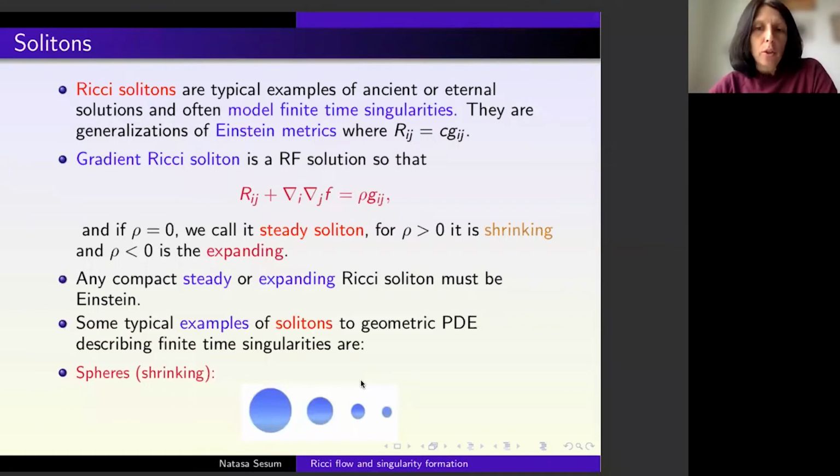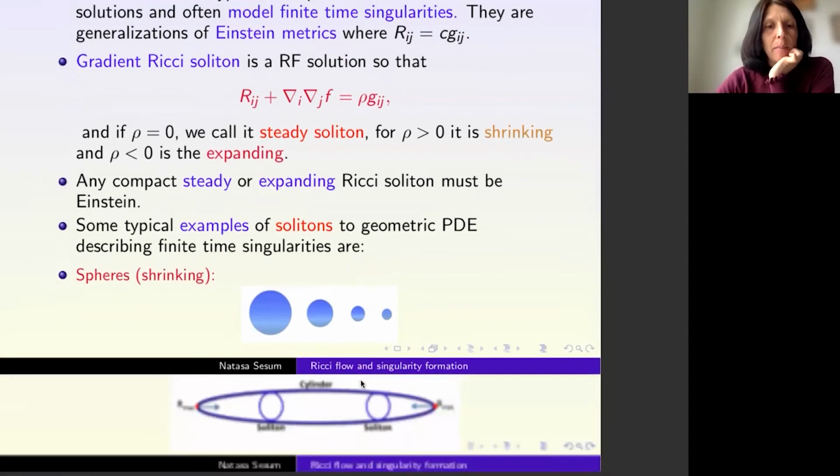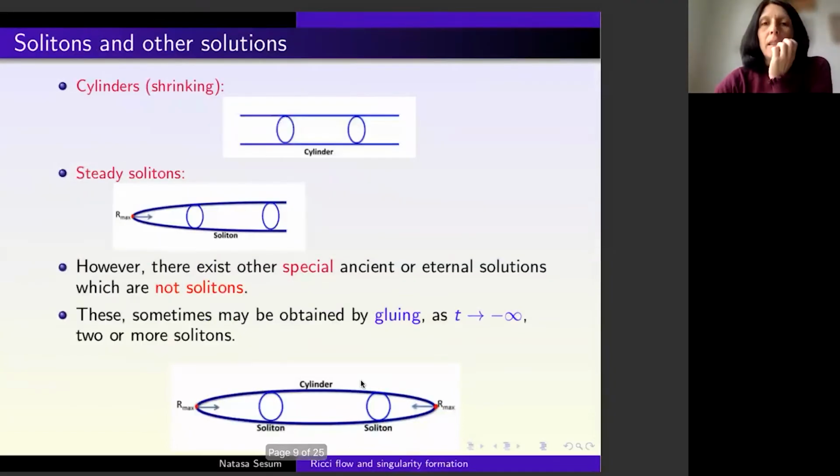And some typical examples of solitons to the Ricci flow equation, like also to other geometric PDEs, are the spheres, you see, which are the shrinking solitons. They just shrink in finite time until they become extinct. Then we have the cylinders, which also shrink. If you go up to time negative infinity, they just become bigger and bigger and thicker and thicker.